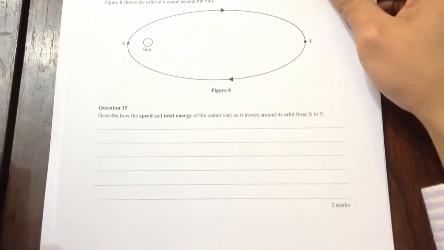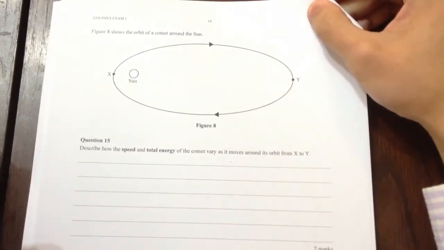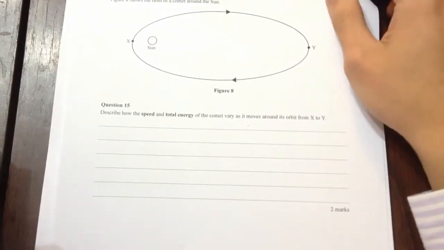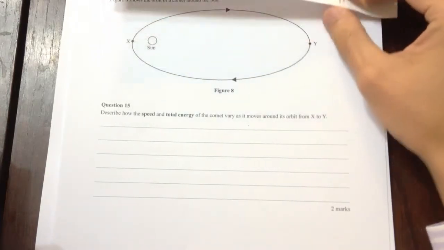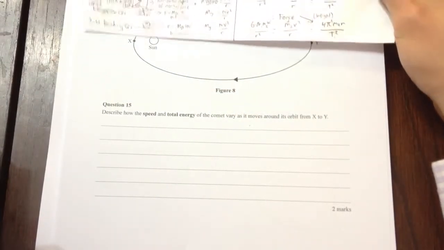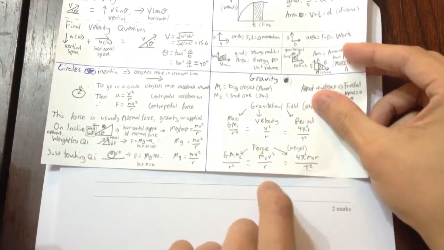Determine how the speed and total energy of the comet varies as it moves around the sun. Oh, interesting. So basically this will be a radius question. So we want to know the speed and kinetic energy.